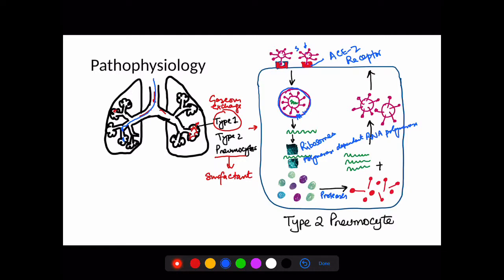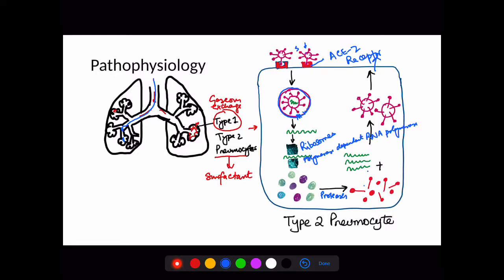So all the raw material for the virus is being made. And finally, all these different types of proteins are combined with the different copies of the RNA, and sets of new viruses are formed, which are then ultimately released by the cell. The cell bursts open, and they go on infecting other cells, and the process repeats itself again and again.